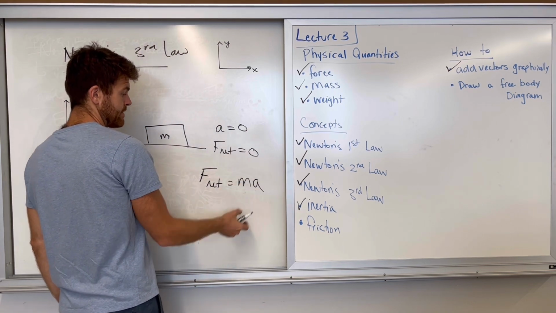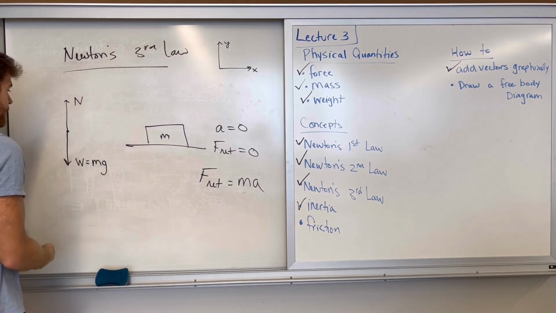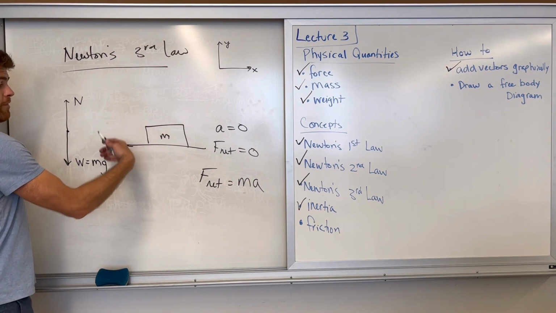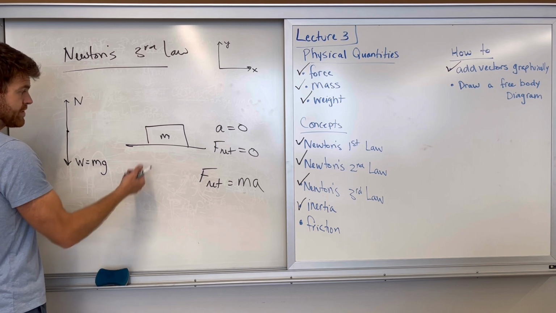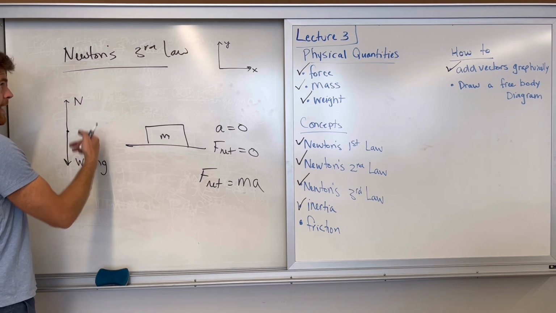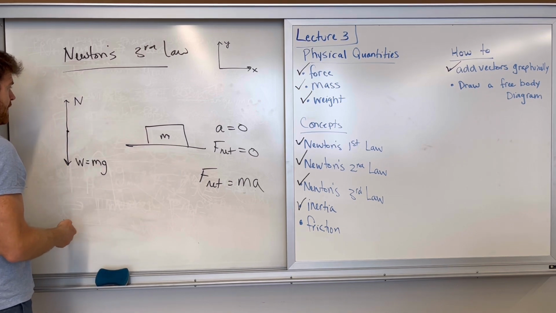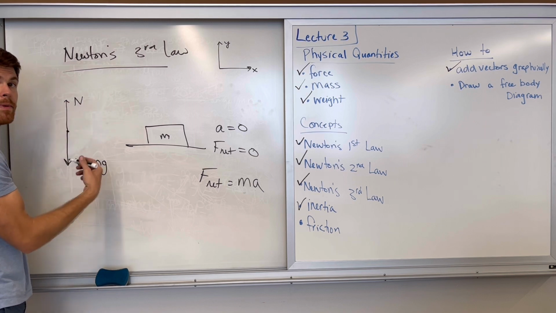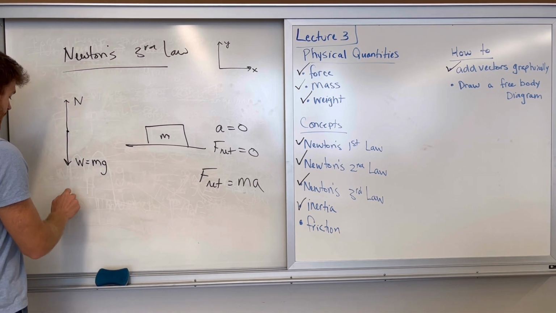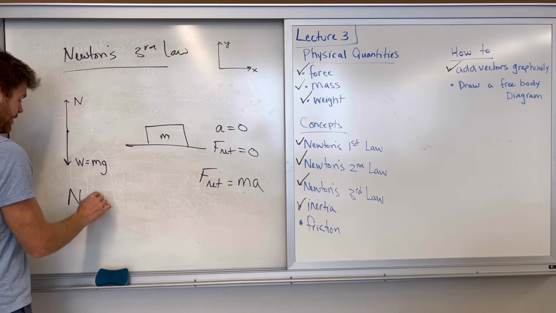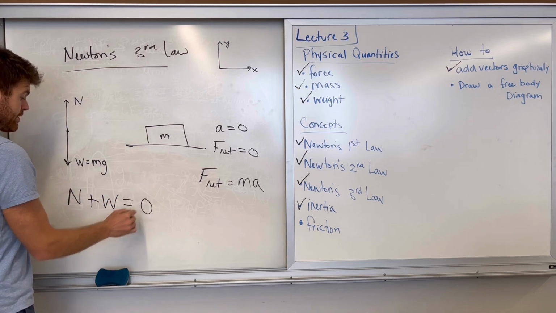If a is equal to 0, then F net equals 0. And there's no other forces acting on this that we know of. It's just sitting there. So that tells us that it's not accelerating. That means that these forces must be balanced. So we add the normal force plus the weight, they must equal 0.